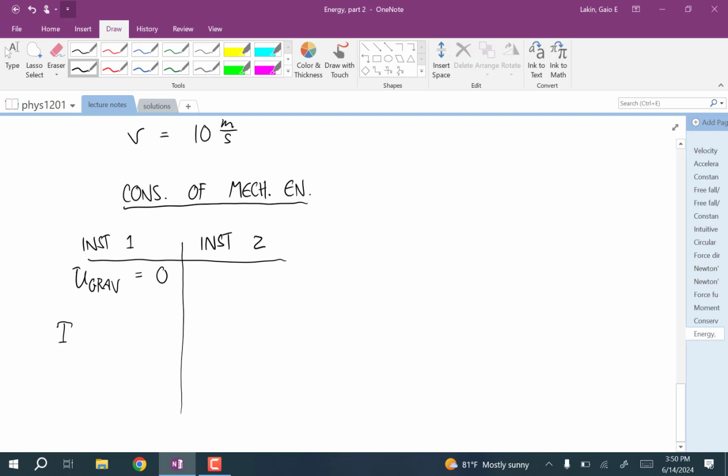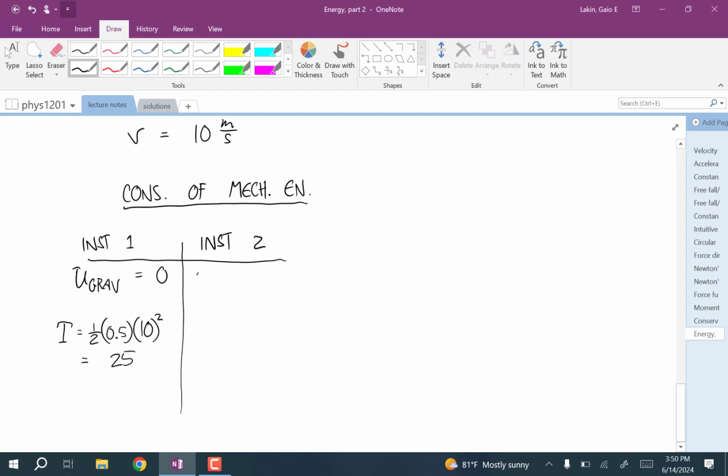And the kinetic energy at instant 1 is 1/2 times the mass times the speed squared. And if you multiply that out, you get 25 joules.